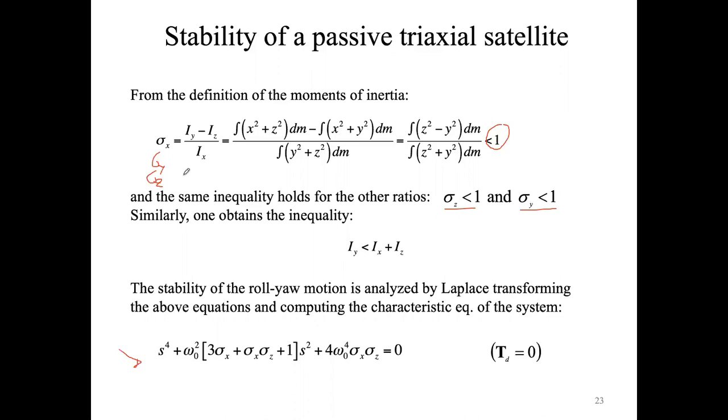We can also demonstrate that the moment of inertia Iy is less than Ix plus Iz. So basically, if you take sigma zeta, if I remember correctly, this one is equal to Ix.